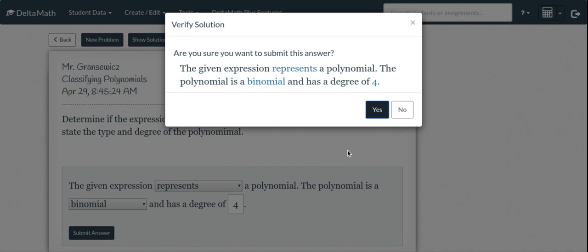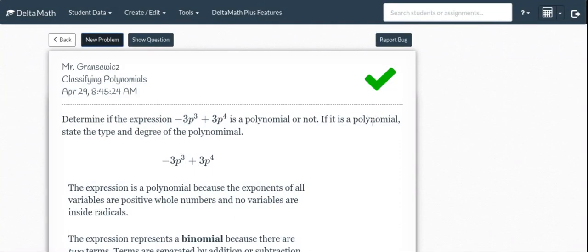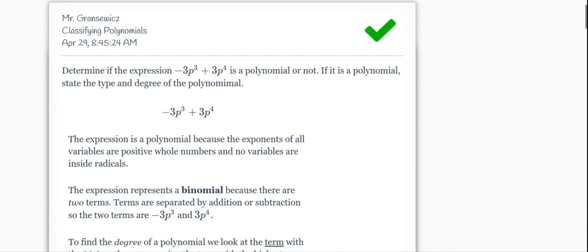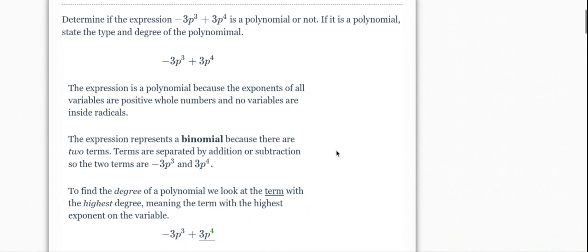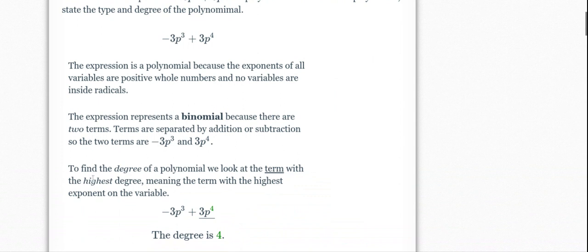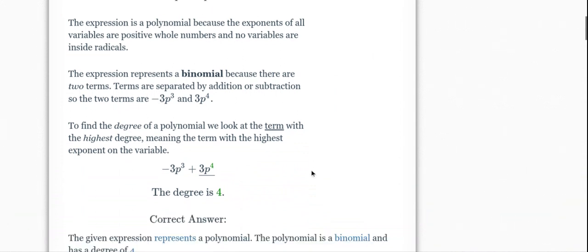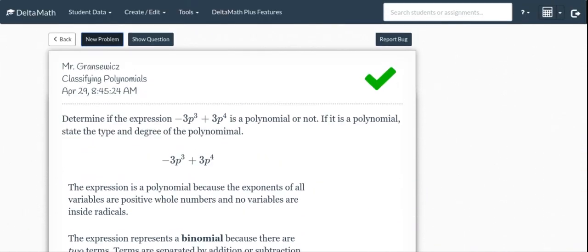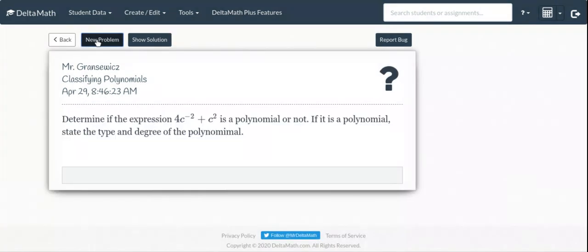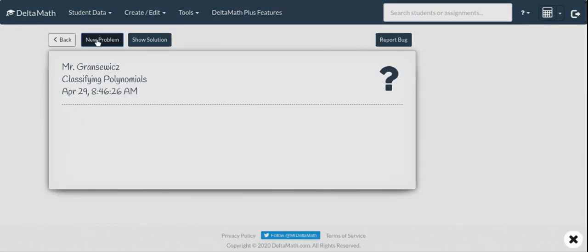So I'll go ahead and scroll through this and try to find you one that has multiple variables here to show you what to do. But it talks about all of the different things and highest degree, and it has two terms, and it talks about all that. Let me see if I can get another one with multiple variables in one of the terms.